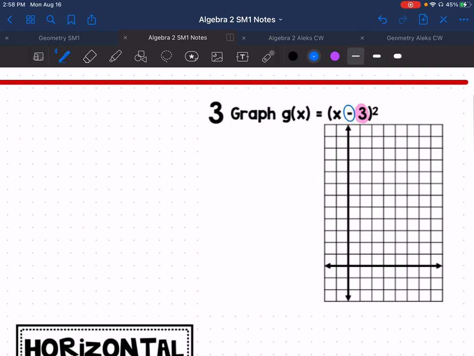So my H in this case appears to be -3, but it's really +3.